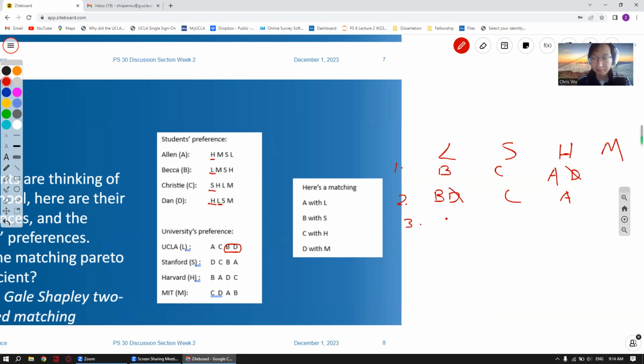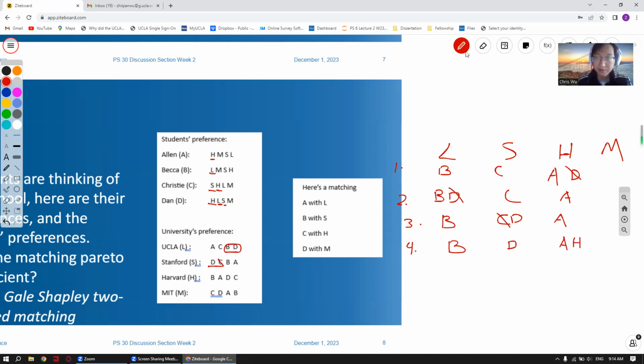And D has to choose again. So now D goes to its third choice, Stanford. So B, C, D, A. And Stanford says, between D and C, I'd rather have D, not C, right? So let's get rid of C, and C has to choose in the next round. Then B, D, A, and where would C go? Well, C's second choice is Harvard. So C would try to get into Harvard.